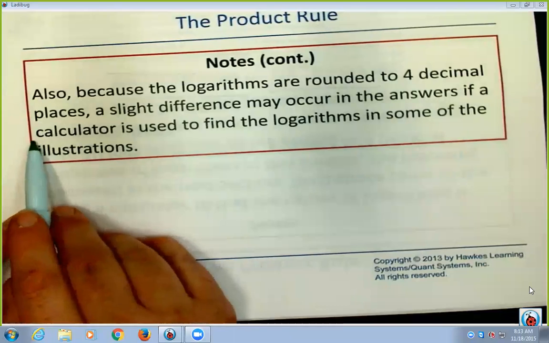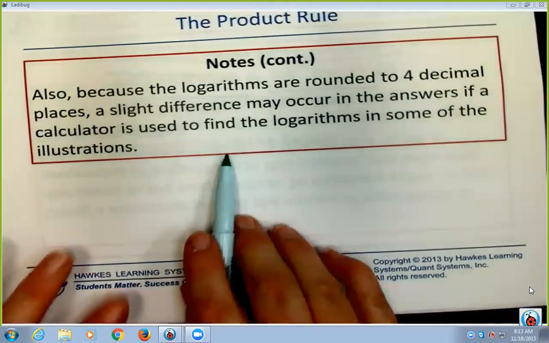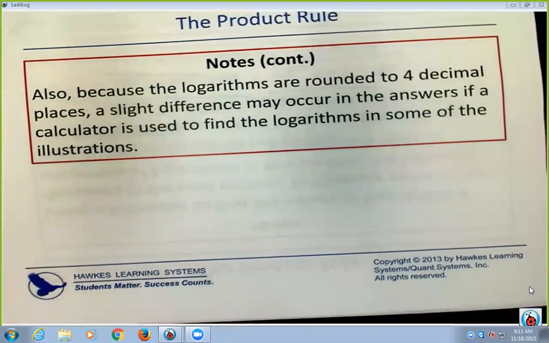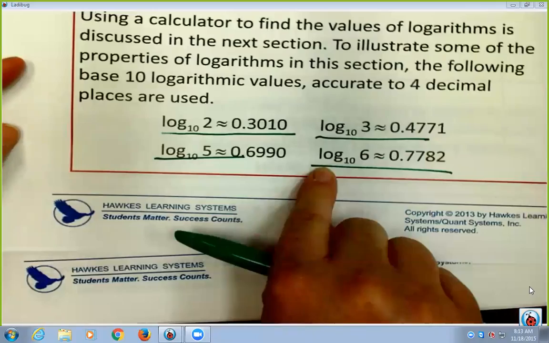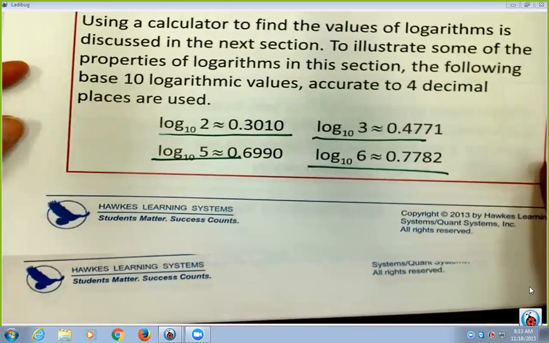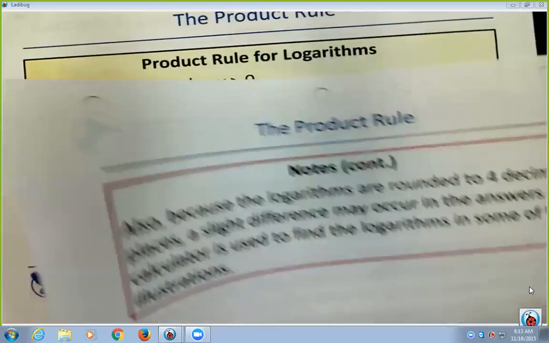The reason is your calculator will calculate things out to 11 places, and you may not round until you get to the final end. So that's why some of our answers today, when we use the values we were given over here, would come out differently than if you plugged it into your calculator. So that's that piece.